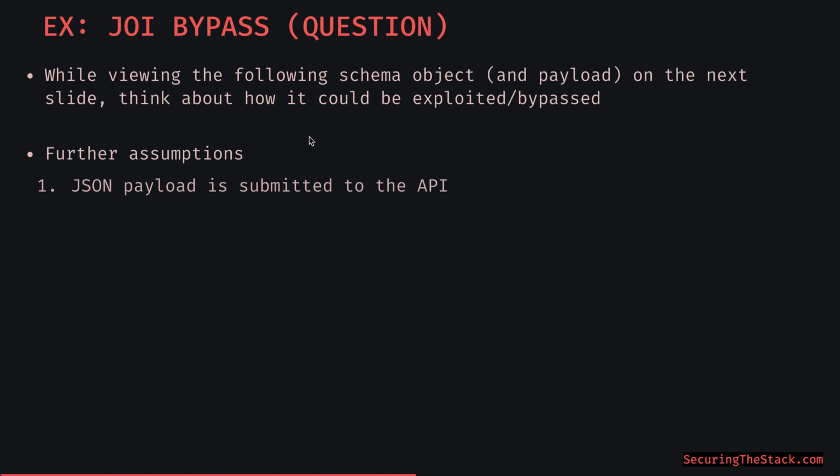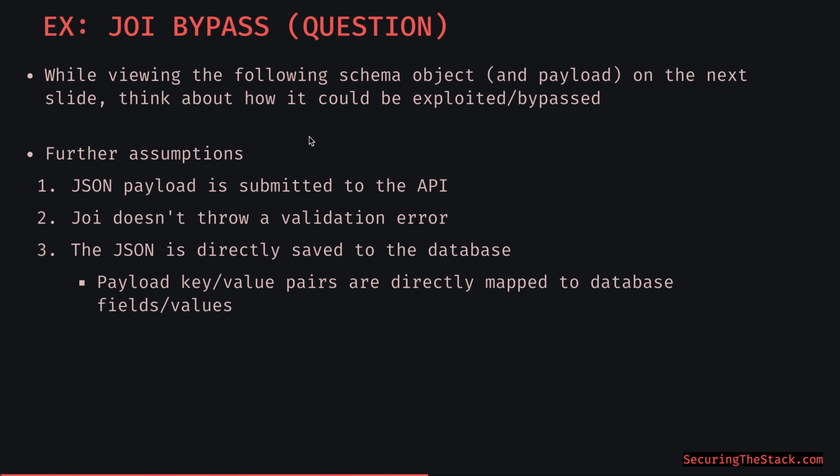Further assumptions: the JSON payload is submitted to the API, and Joi does not throw a validation error. In other words, Joi thinks the submitted JSON payload is completely fine, and it is right to think that. After that, the JSON is directly saved to the database.